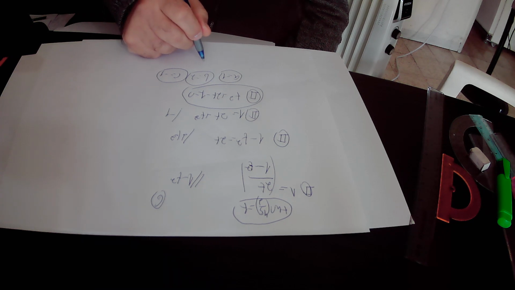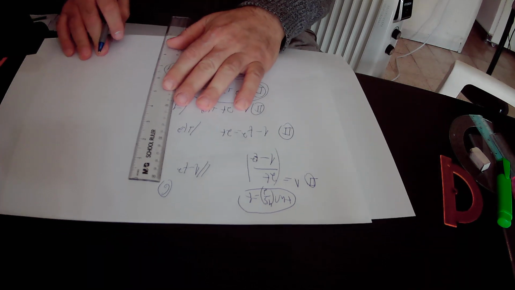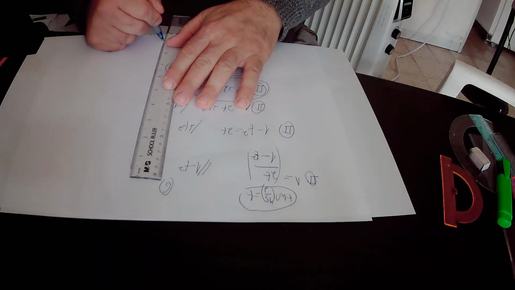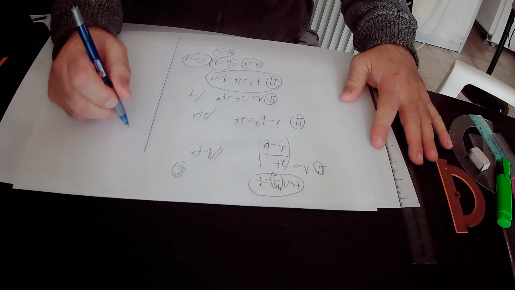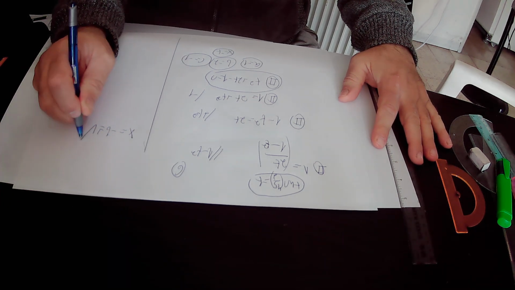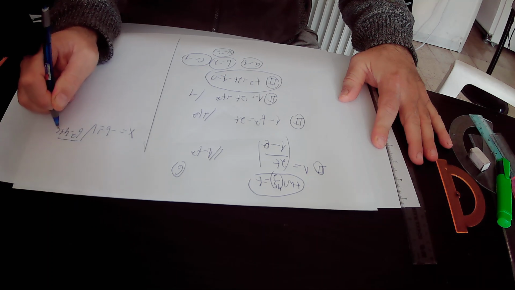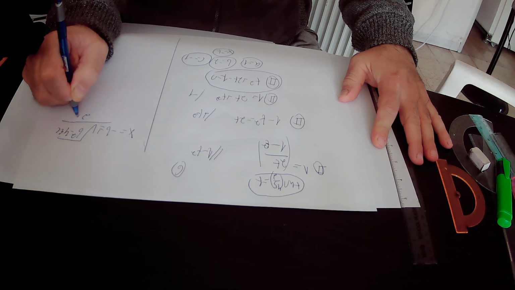And x equals t. The solution to the quadratic equation is x equals minus b plus minus square root of b square minus 4 times ac over 2a.